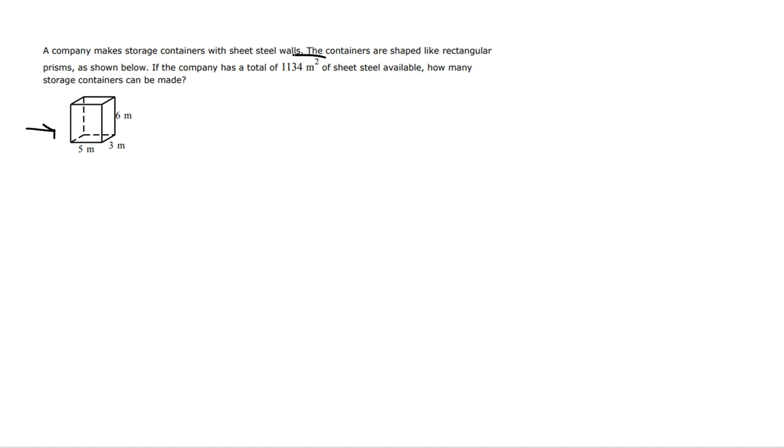And then if this is the total amount of sheet steel available, to figure out how many storage containers can be made, we're going to have to use division. Okay, so our first job is to find the surface area of this rectangular prism. And then once you've done that, you're going to take the 1,134 and divide by that surface area, and that'll tell you how many storage containers can be made.